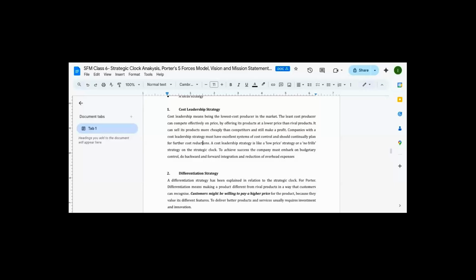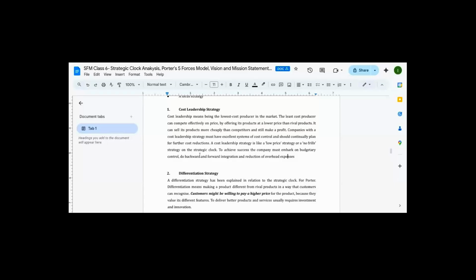So we can see a cost leadership strategy is like a low price strategy or a no-frills strategy on the strategic clock. To achieve success, and I'm emphasizing again, the company must embark on budgetary control, do backward and forward integration, and reduction of overhead expenses.